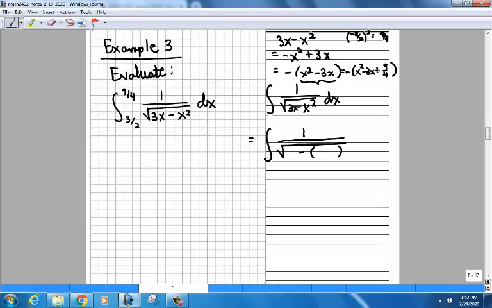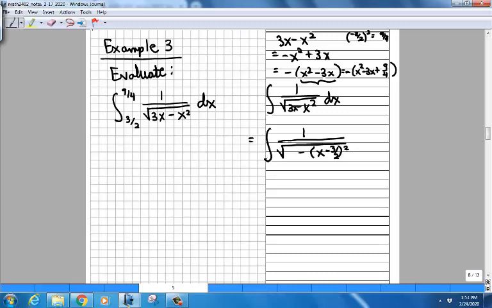It's going to have an x in it. What's the other term, though? Whatever you squared, that's the other term. So what do we square to get the 9/4? Negative 3/2. So here I have x minus 3/2, squared.